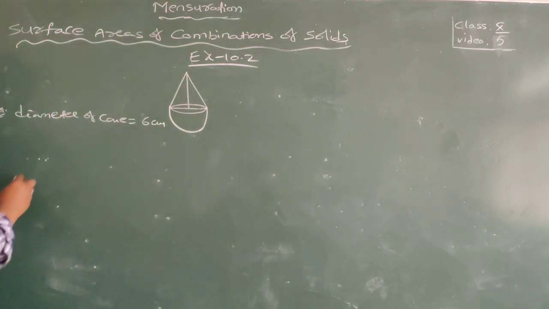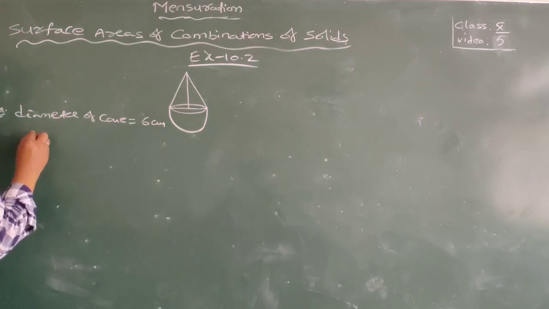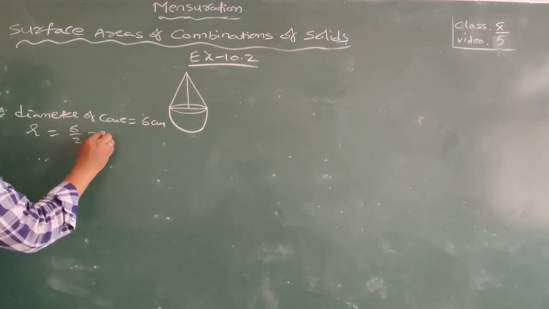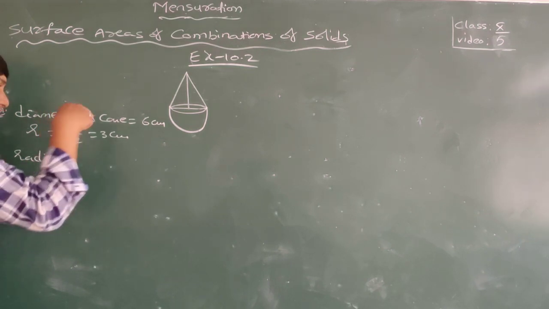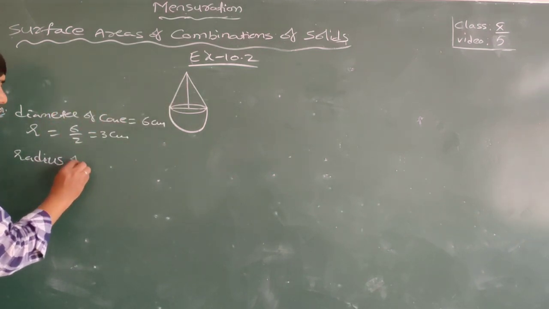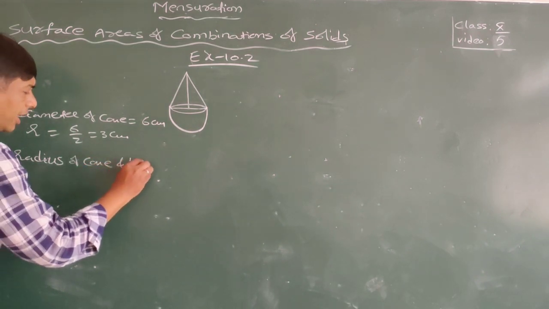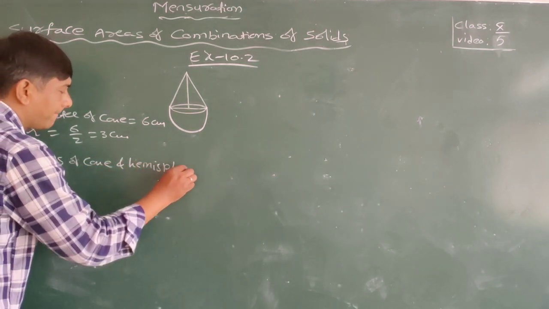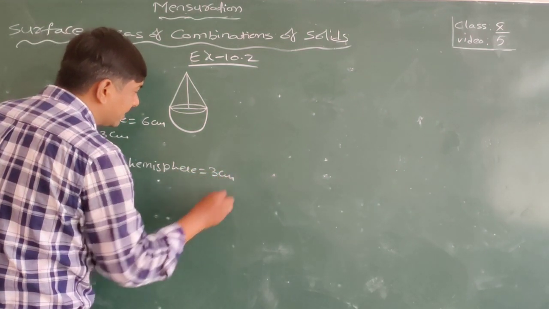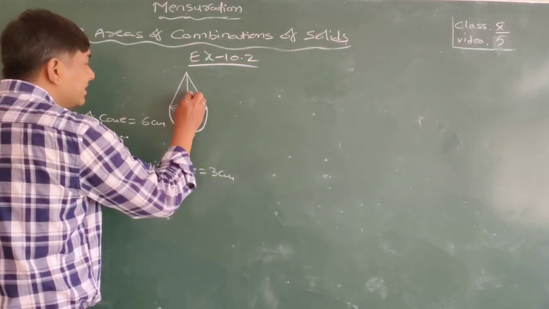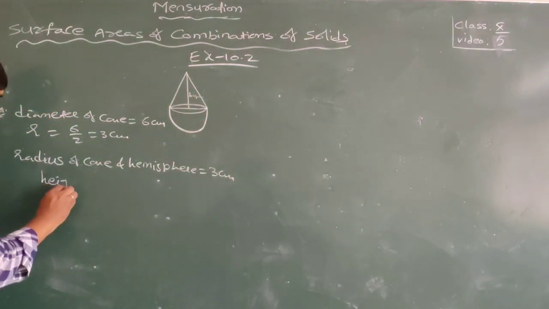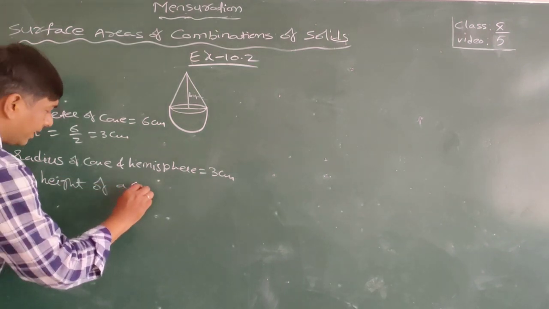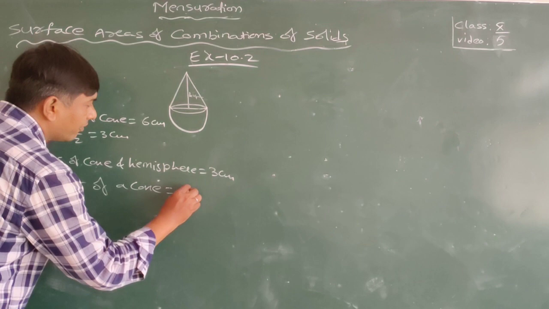So the radius is equal to 6 by 2, which is 3 centimeters. Therefore the radius of the cone and hemisphere is common, equal to 3 centimeters, and the height of the cone is equal to 4 centimeters.